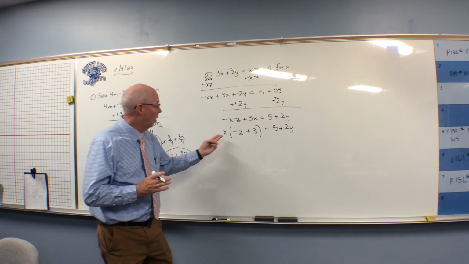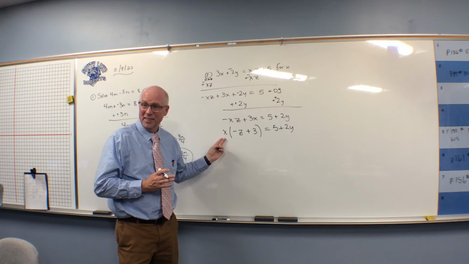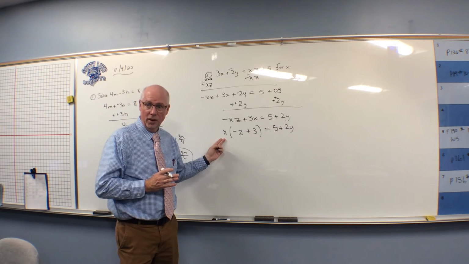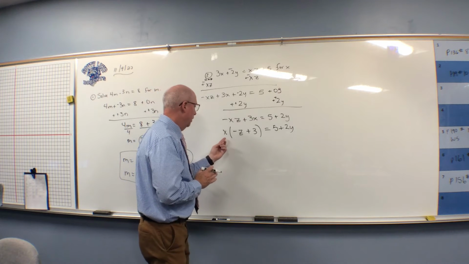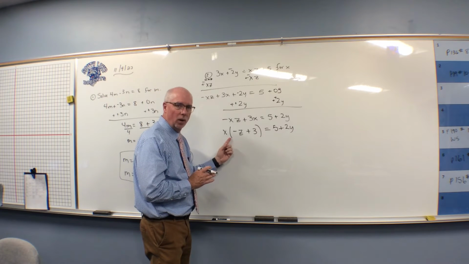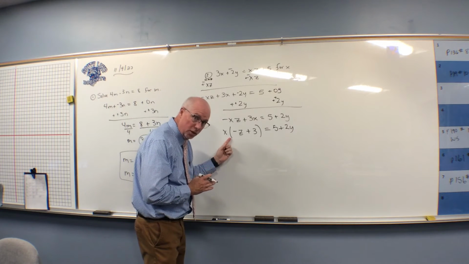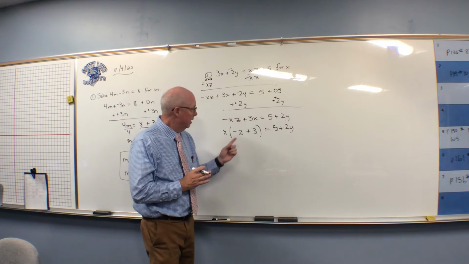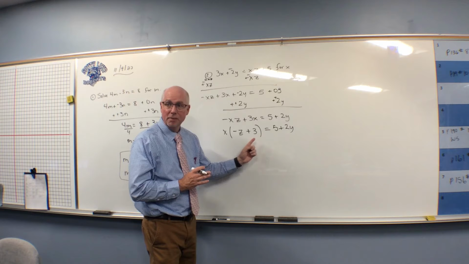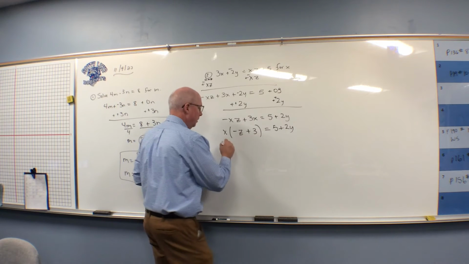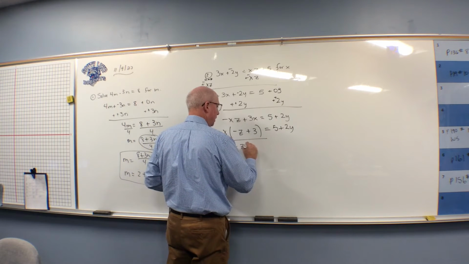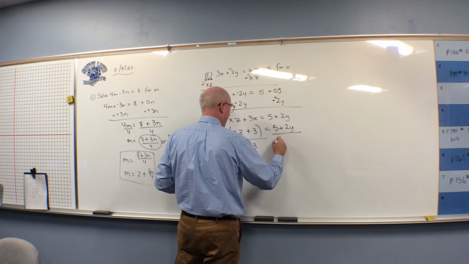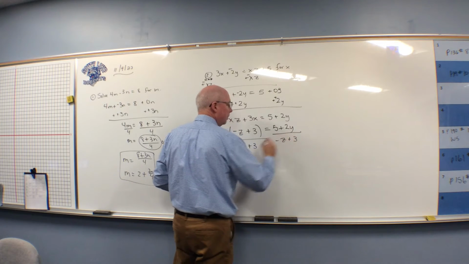Now I have x all by itself. What operation is going on between this and this quantity? Multiplication. What operation do I use to undo it? Division. So I'm going to divide both sides by this quantity. You're dividing by a quantity now. So I'm going to divide by a negative z plus 3, and I have to do it on both sides.